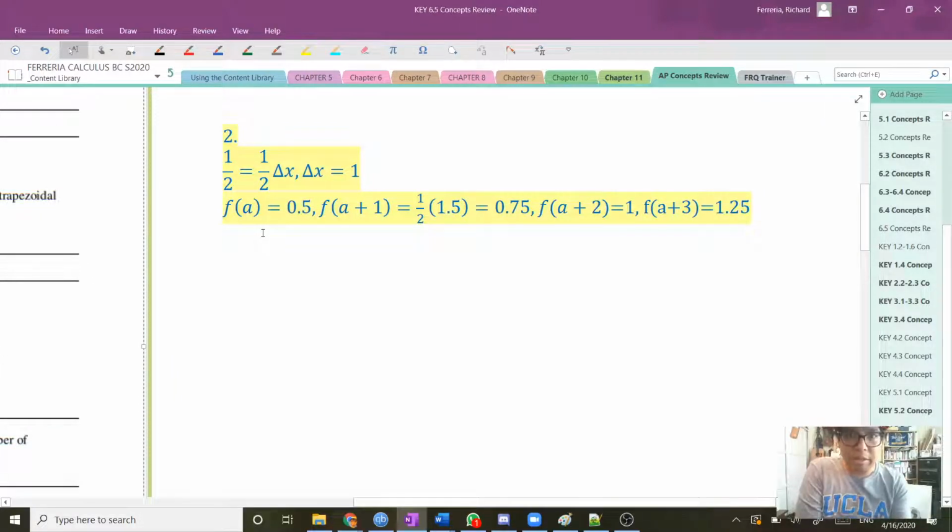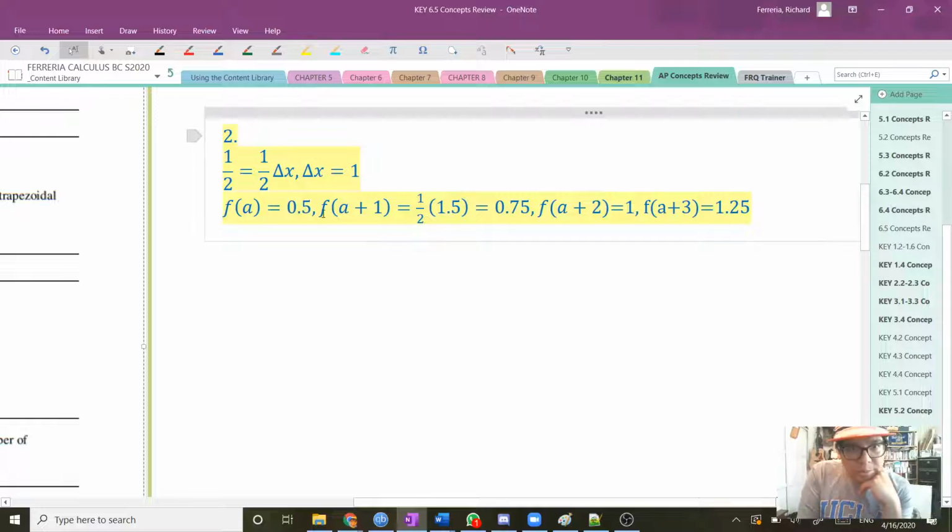Now, taking a look at how these are related, this looks linear to me, because to get from 0.5 to 0.75, which would be the very next y value, you're adding 0.25. And then to get from 0.75 to 1, you would add 0.25 again. And then to get from 1 to 1.25, you would again add 0.25.